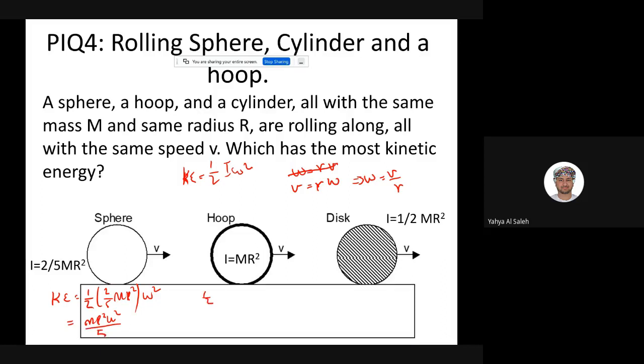This will also be half I omega squared, and this would simply be mr squared omega squared over 2. And this would be half I omega squared, which is mr squared omega squared over 4. And out of these three, this one has the highest kinetic energy.